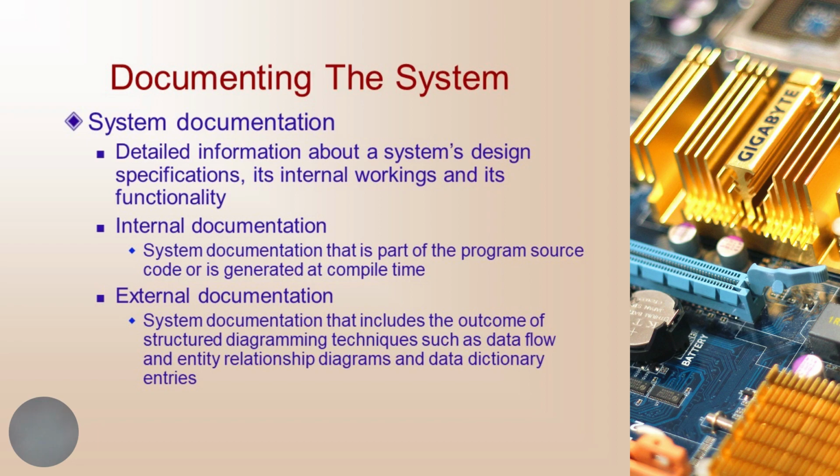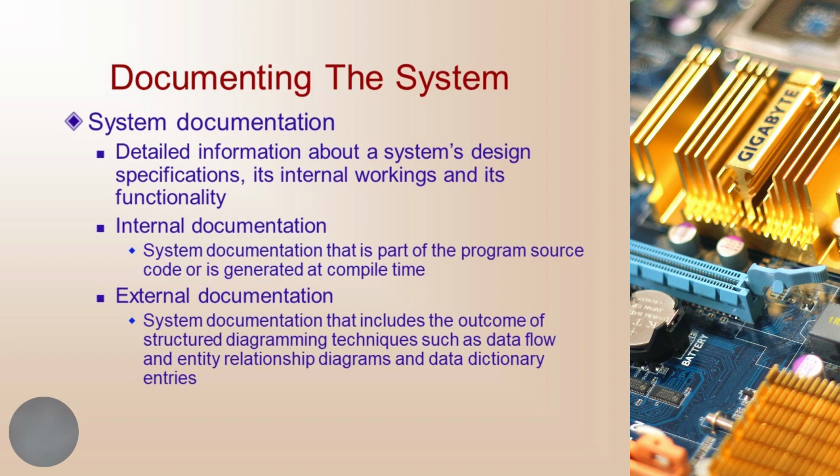Documenting the system: detailed information about a system's design specifications, its internal workings, and its functionality. For internal documentation, system documentation that is part of the program source or code is generated at compile time.